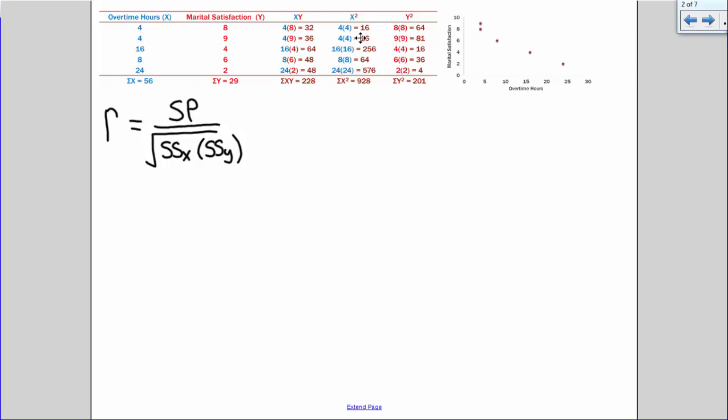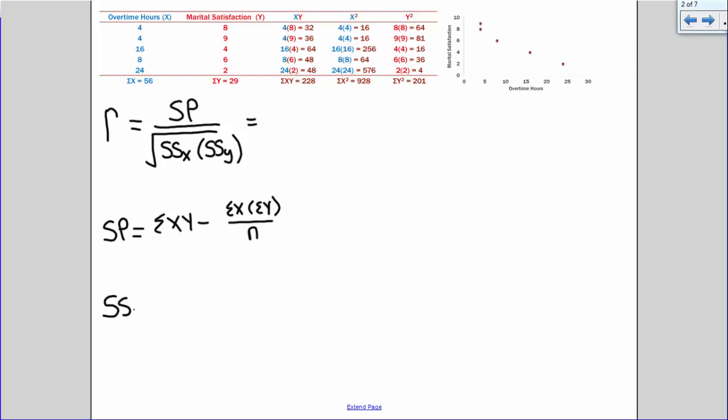And I'm looking at this formula and I'm like, oh boy, I need to write down 3 formulas, right? I need to write down the formula for my numerator, the sum of products, and then my 2 sum of squares values in the denominator. All right, so the formula for the sum of products, the numerator of R, the covariability of x and y, is equal to the sum of x times y minus the sum of x times the sum of y, divided by the sample size. And then my sum of squares formula.